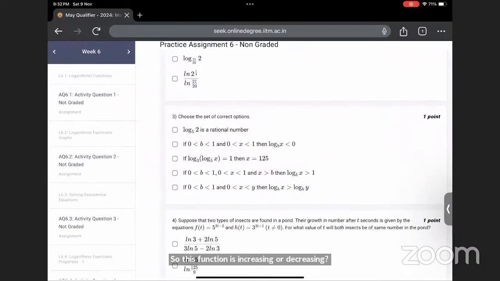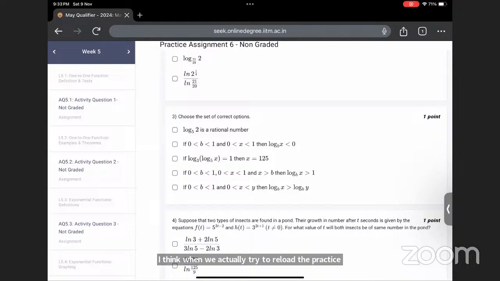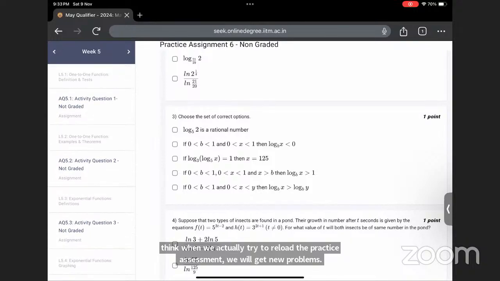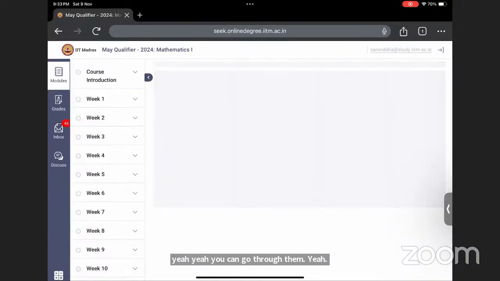So all of you are done with week 6? If you don't have any problem with week 6, then I can look at other weeks. I think when we try to reload the practice assignment, we will get new problems. Yeah, you can go through them. Once you submit the answer and reload, you will get new problems.